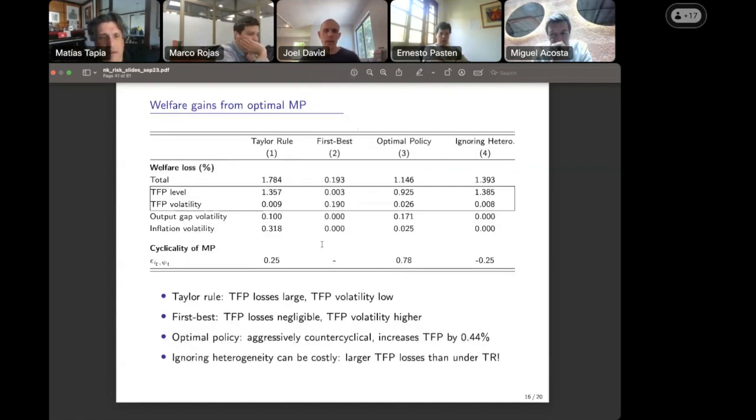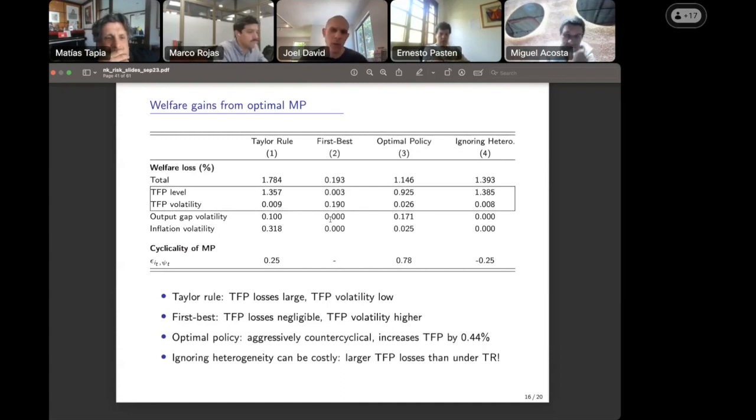Okay, so let's take a look at these baseline results. What I'm showing in the table is welfare losses under 4 different policy scenarios. Column 1 is under a Taylor rule. We can think about that as the baseline equilibrium conduct of policy. The second column is under the first best. Here I'm assuming that there's a social planner with access to all the instruments they would need to correct all the distortions in the economy.